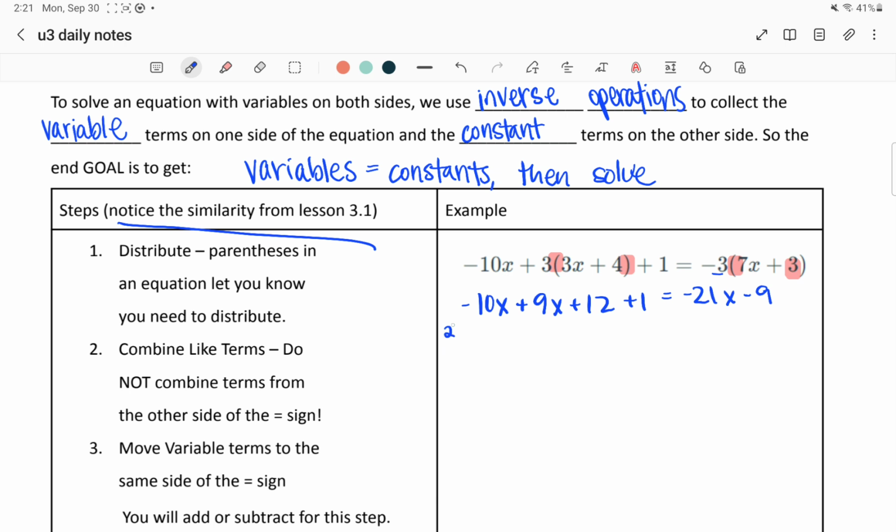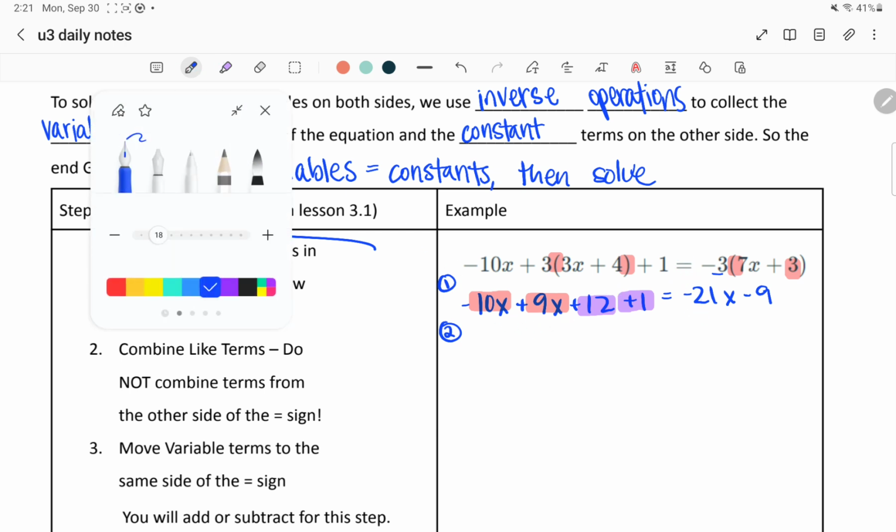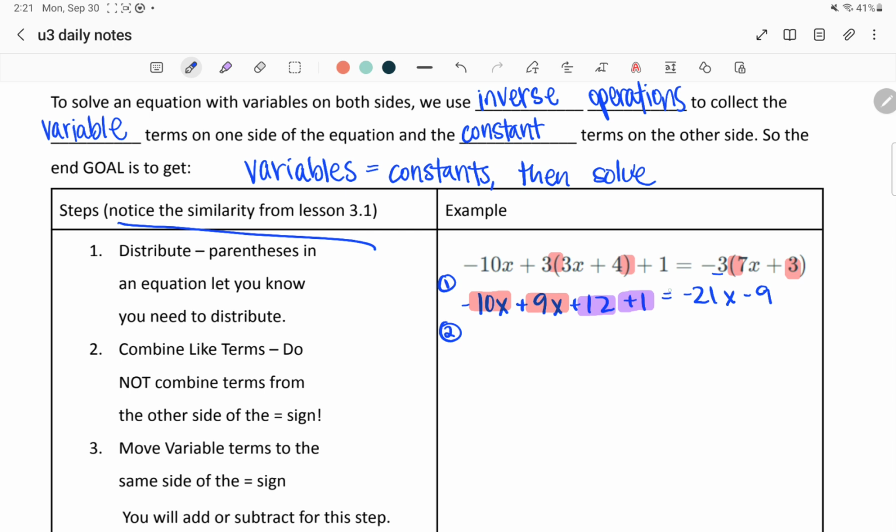Step 2. So that was step 1. Step 2 is combine like terms. So I see I've got 2 x terms, and I've got 2 not x terms over here. I need to squish them together. Notice I'm staying on one side of the equal sign. I can't squish them together on other sides of the equal sign until I do inverse operations.